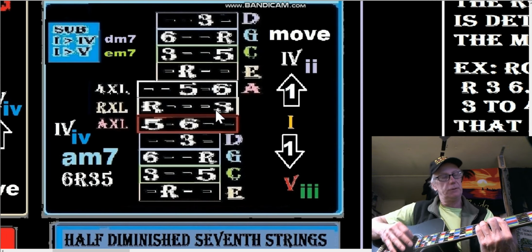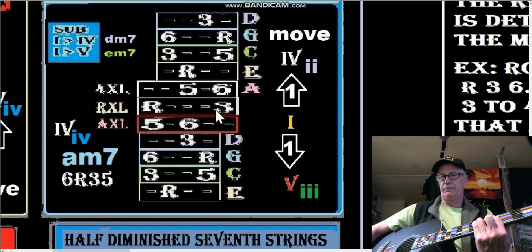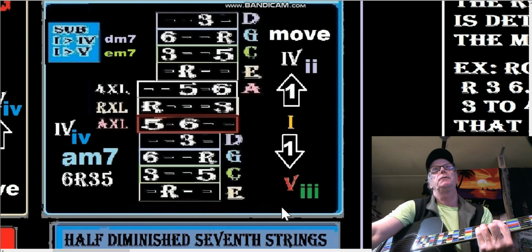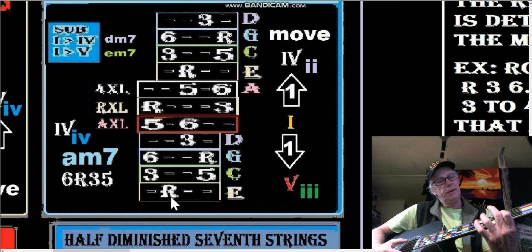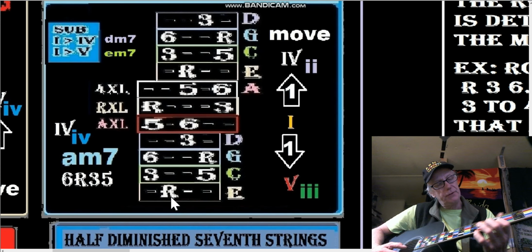So let's face it, we're going to play this E-shaped F. Starting the bottom string shape defines the shape. So we've got root 3, 5, 6, root 3, 5. Sorry, 6.